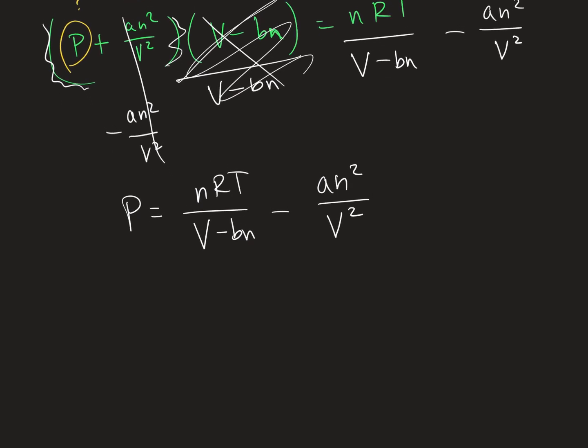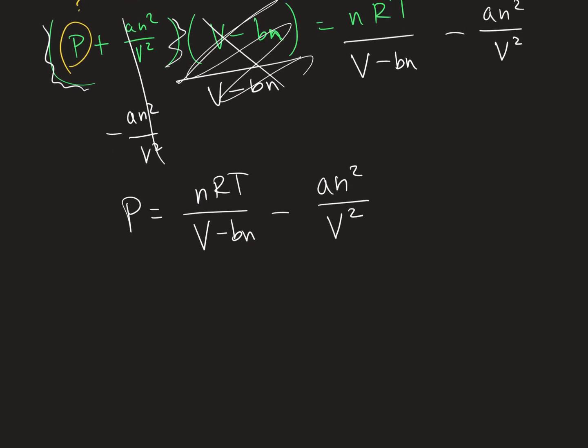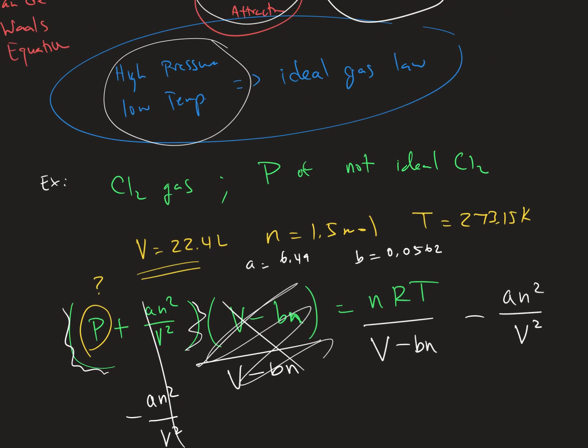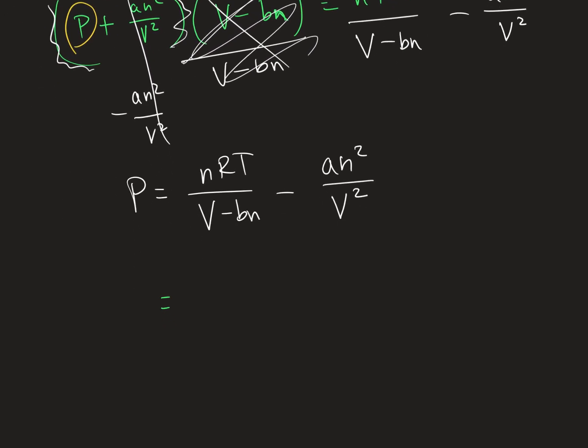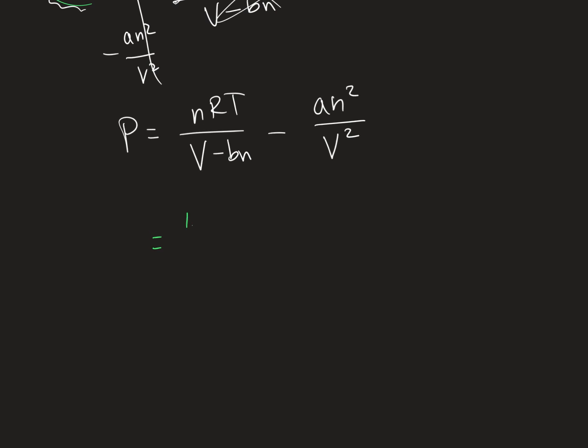So now we're going to just plug our values in. n is our number of moles, which is 1.5 moles. R is 0.0821 atm liter per mole Kelvin.